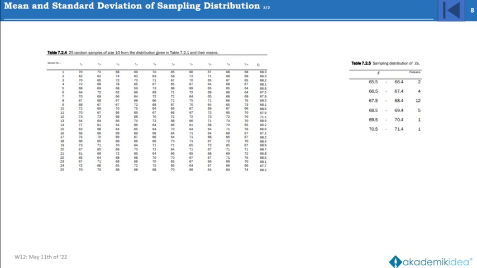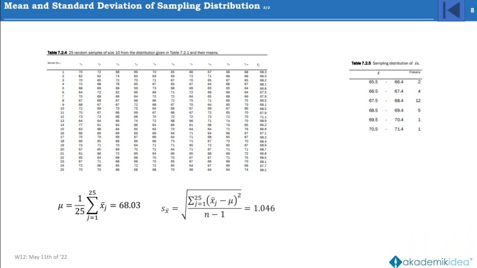As can easily be checked with the formula for the mean and standard deviation of grouped data, the mean of the 25 new sample means is 68.03 and their standard deviation is 1.046.